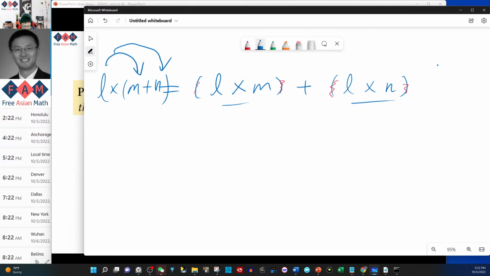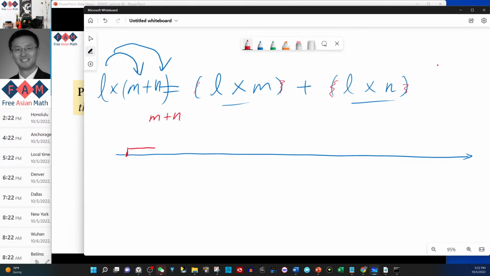Okay? How do we understand this on the number line? Actually, quite easy. Think about this. What is m plus n? We already see that m plus n, as a first step, is the concatenation of two line segments.